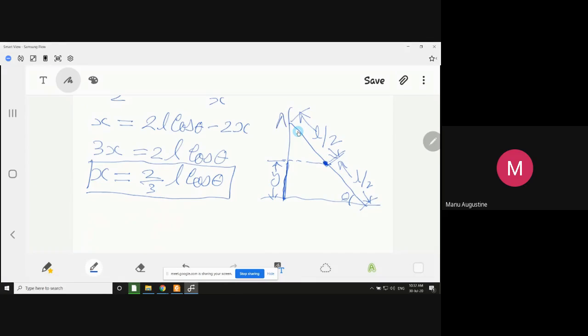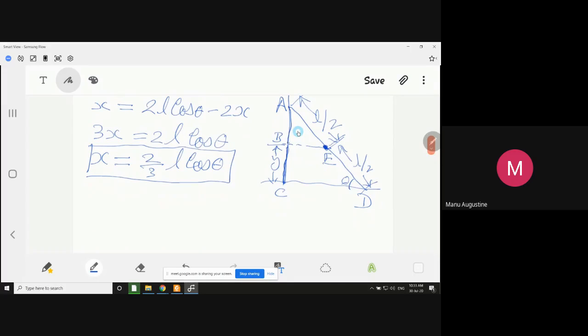Now let us rename these vertices A, B, C, D, and let us say E. Now we have triangle ABE similar to triangle ACD. And we have to develop a relationship between y and theta.